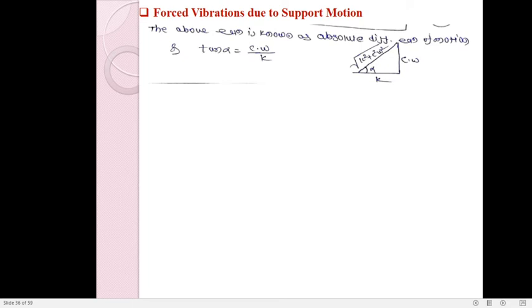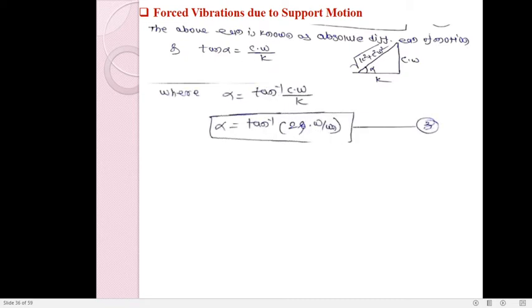Now from the same triangle we can write tan alpha is equal to c omega upon k, where alpha is equal to tan inverse of c omega upon k.